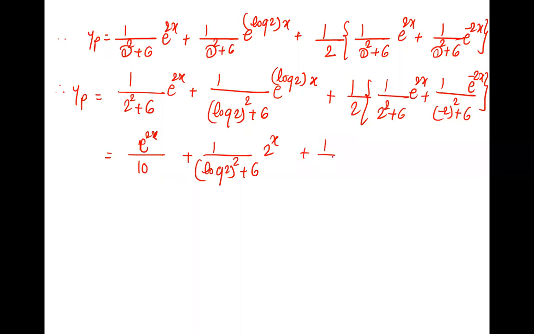Plus 1/2 into, this is 10 again, 4 plus 6, 10. e raised to 2x by 10 plus e raised to minus 2x by how much? Minus 2 square is also 4, 4 plus 6, 10. Yes, correct. So yes, this is your answer, YP.